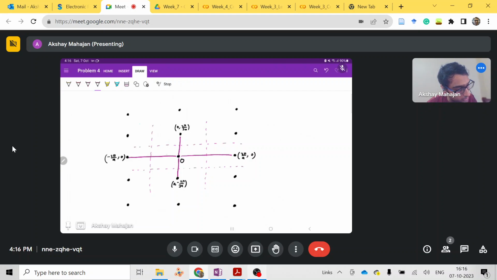Okay, so we can go from any point in this region. So I just shaded it with this purple color.